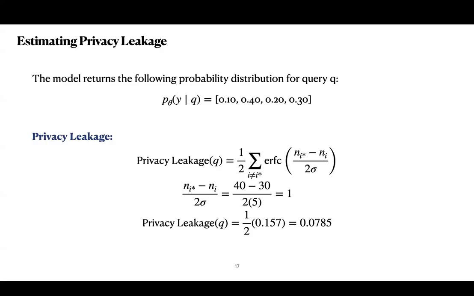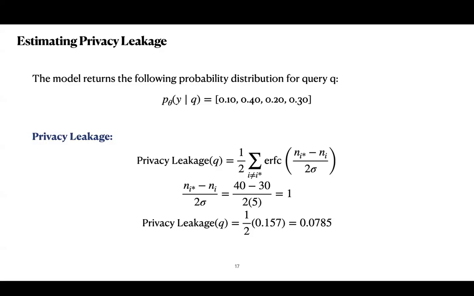Makes sense. So this privacy leakage is derived directly from the PATE method. PATE actually uses exactly this function to compute the privacy leakage for epsilon. It's almost exactly that, though PATE also has some additional constants.